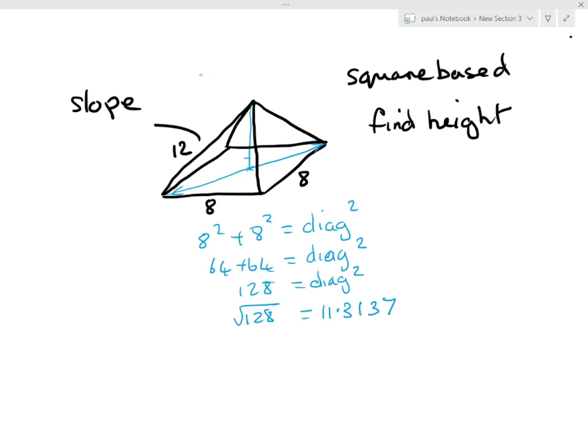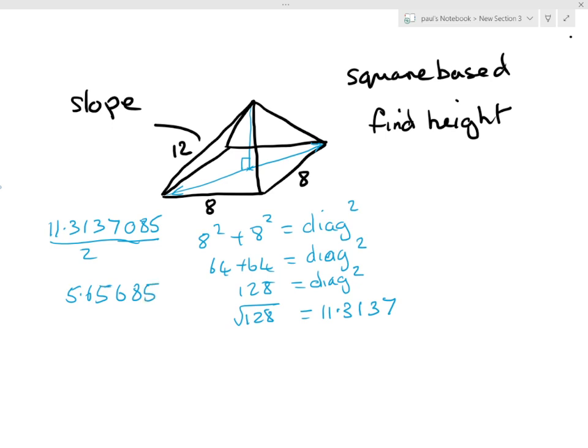Now we've got a right angled triangle here. We know the slope, and we can work out what half of that is, and this will give us the height. So if we take the 11.3137 and all the rest of it, try and keep it as accurate as possible, and divide that by 2, we get 5.65685.